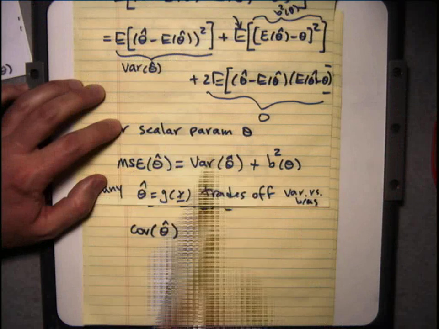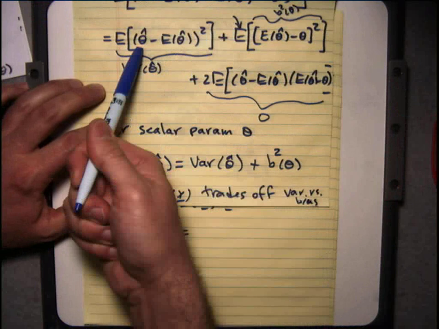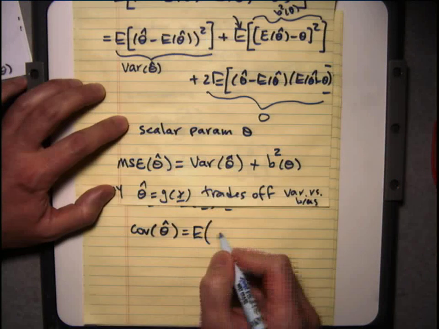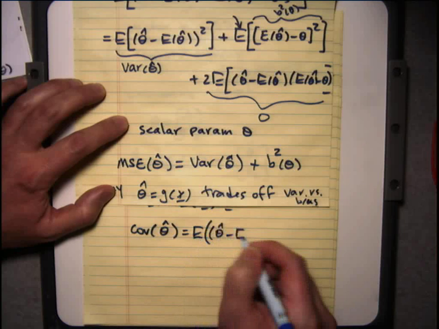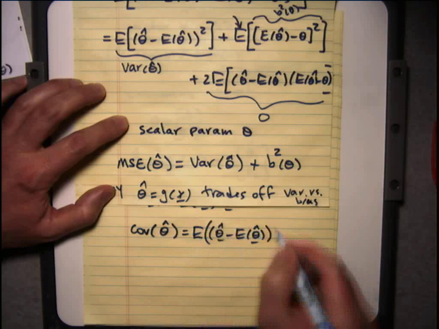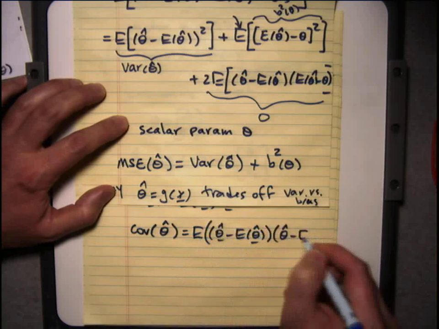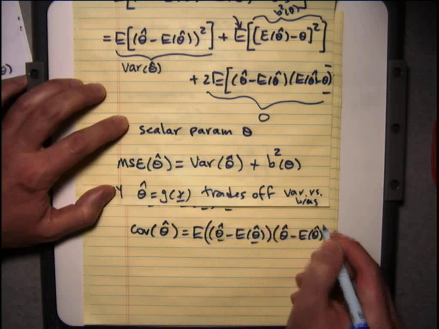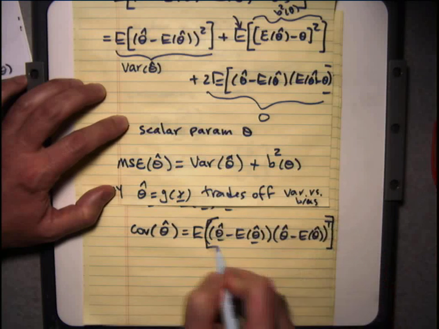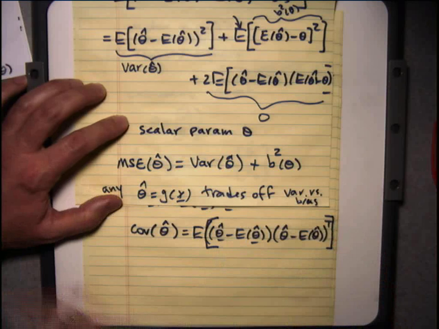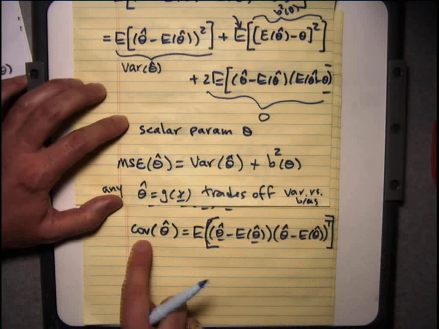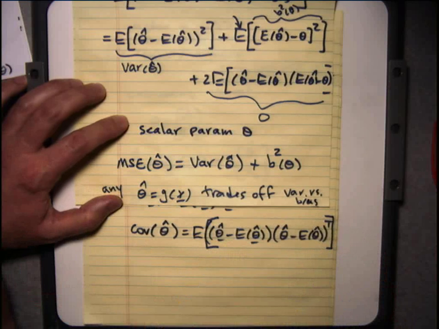In this case, theta hat is a vector, so this is going to be the expected value of theta hat minus E theta hat, these are vectors now, times theta hat minus E of theta hat transpose. This is the outer product of these two vectors. You take the expected value, and you get the covariance.